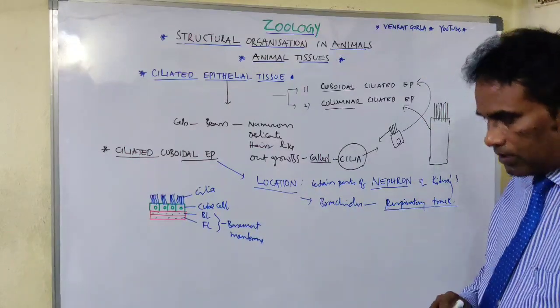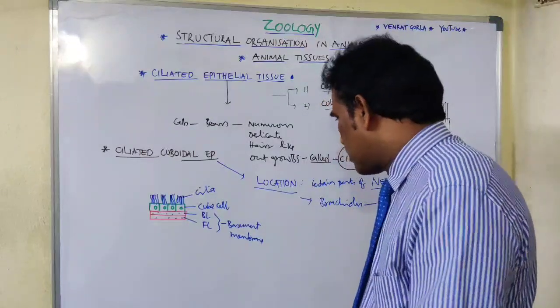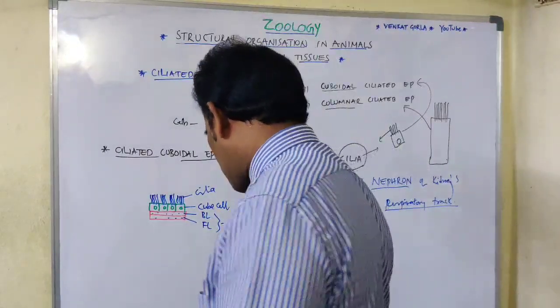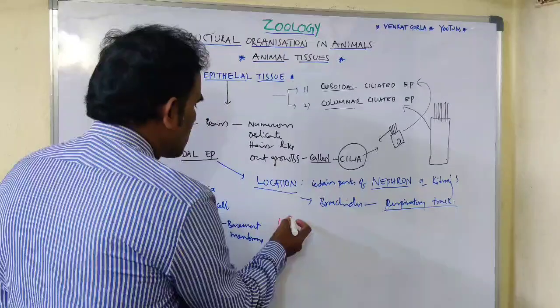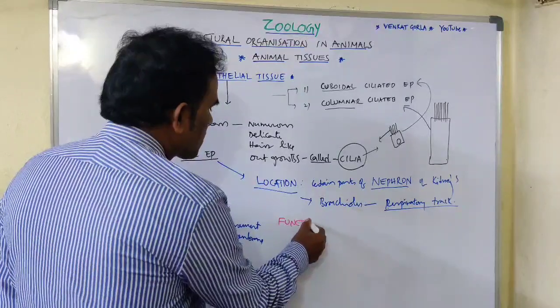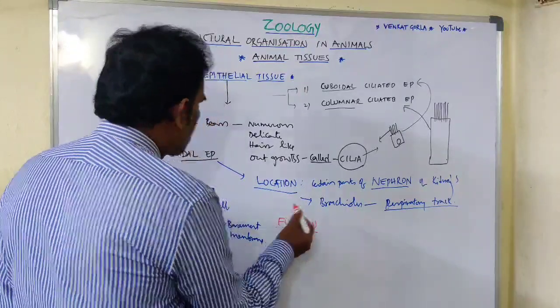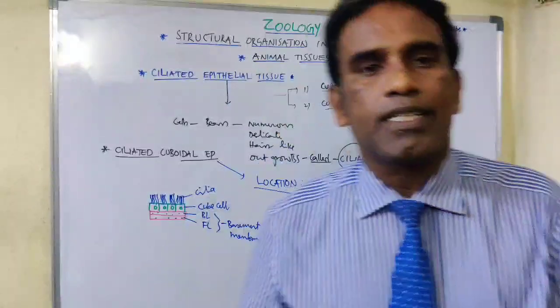While discussing these tissues, there are three main concepts: number one is the description, number two is the location, number three is the functions. So what are the functions of ciliated epithelium? What does it do?